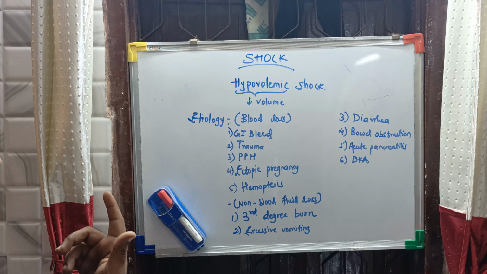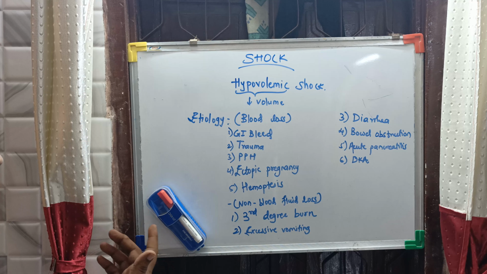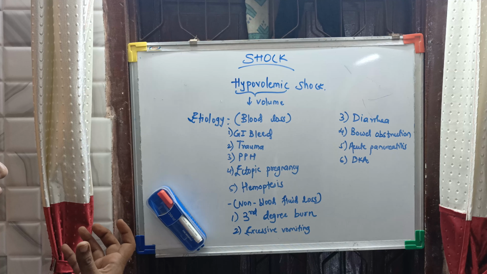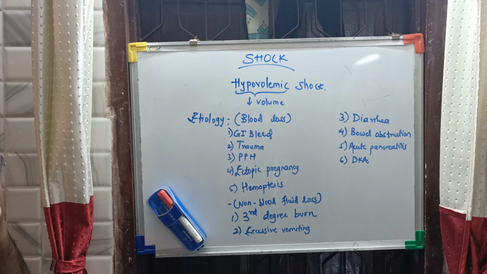Because of the increased glucose in the blood in diabetic ketoacidosis, a lot of urine is produced, so it leads to fluid loss from the body, and it is the main cause. So these are the causes of hypovolemic shock.